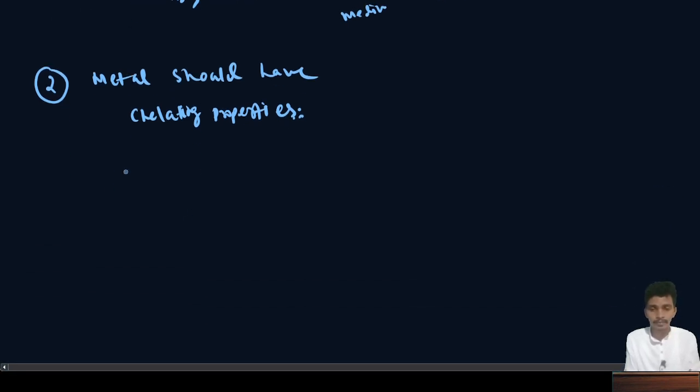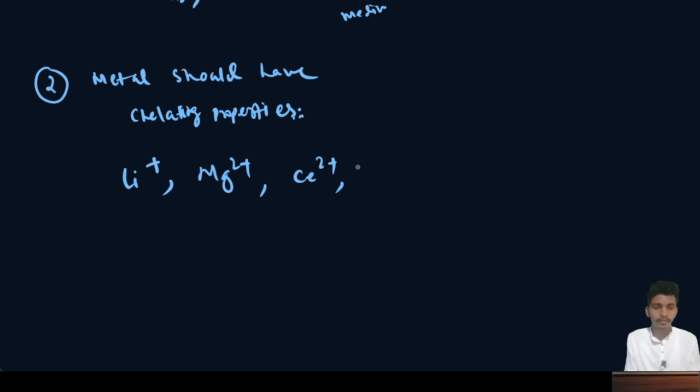Metals like lithium plus, magnesium 2 plus, calcium 2 plus, titanium 4 plus, copper 2 plus, and zinc 2 plus. If these types of metals are there, then the metal will show chelating properties.